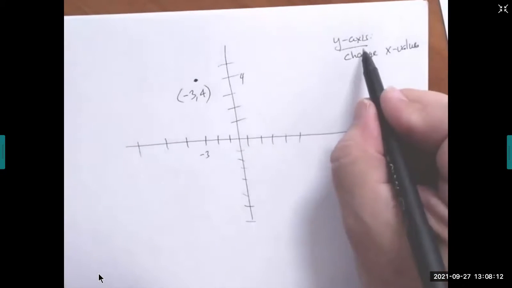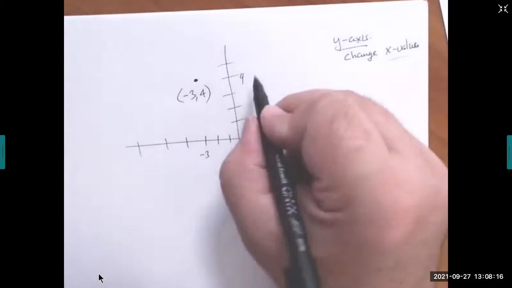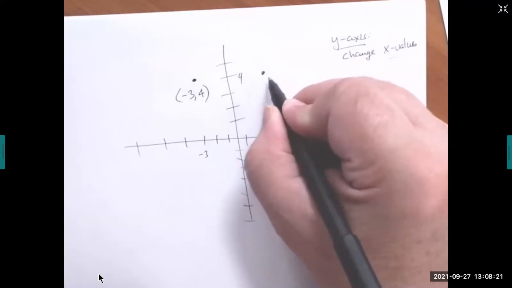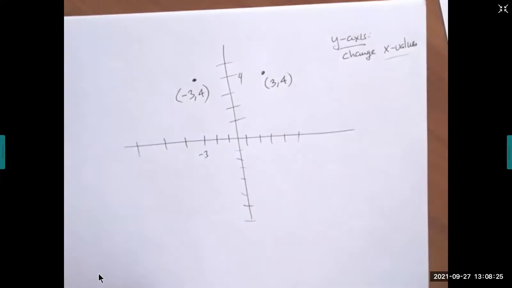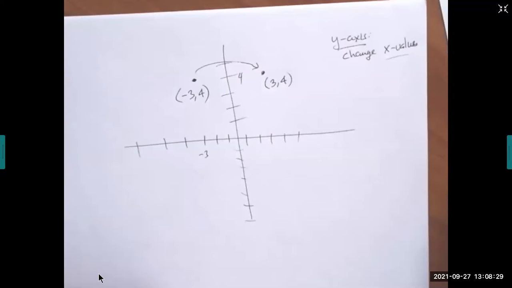So if it's symmetric about the y-axis, you just change the x value from positive to negative, negative to positive. So it would be here. It would be at +3, 4. That's symmetric about the y-axis.